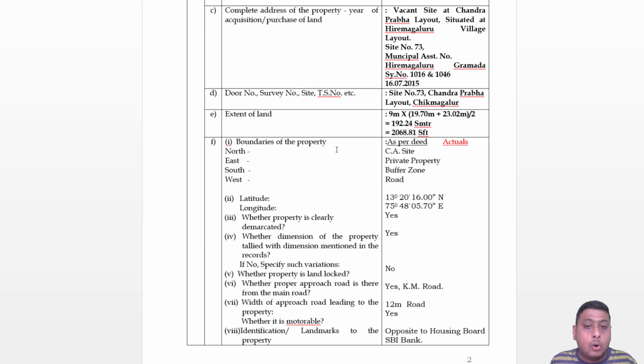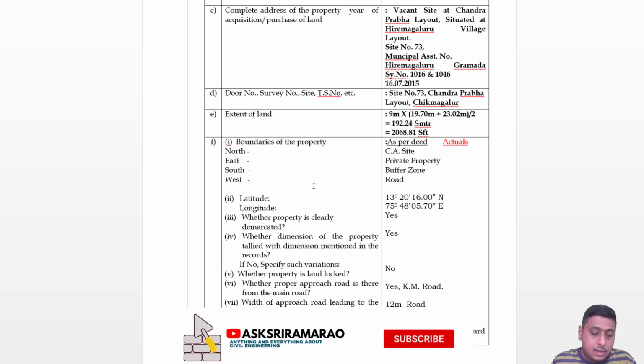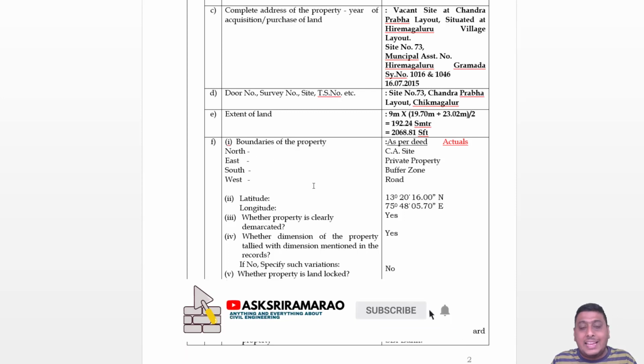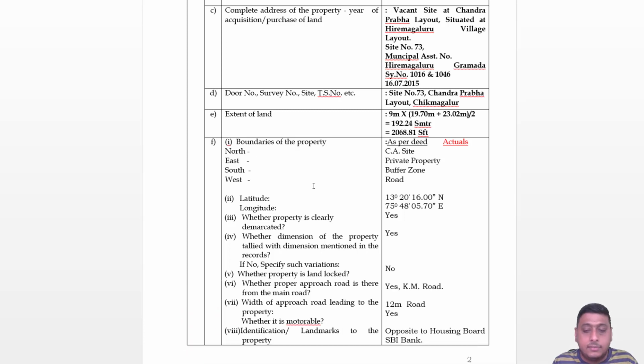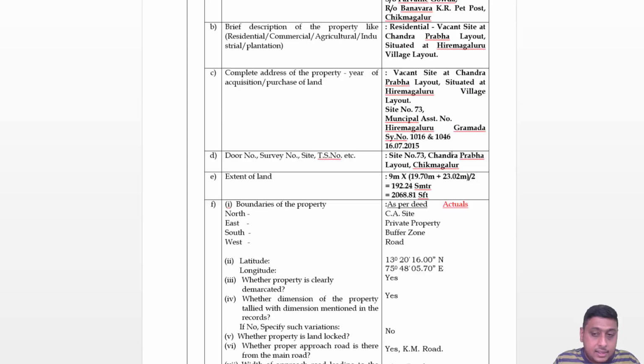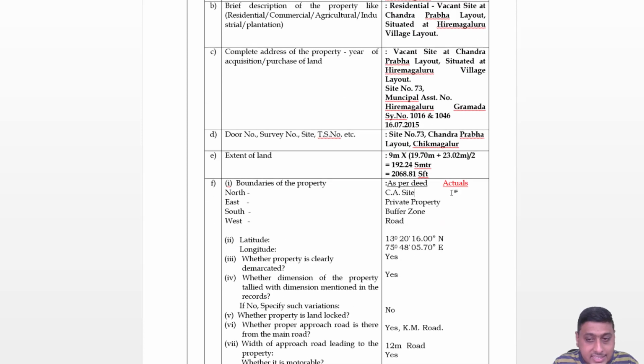Okay, next, boundaries of the property. With respect to the site, when we hold the compass, what exactly is there on the north, south, east and west, we have to see. With respect to the documents we have to check, and actuals, see here, one column is there, we have to mention it. North, what was there, a vacant site. East, private property, but it is also a vacant site.